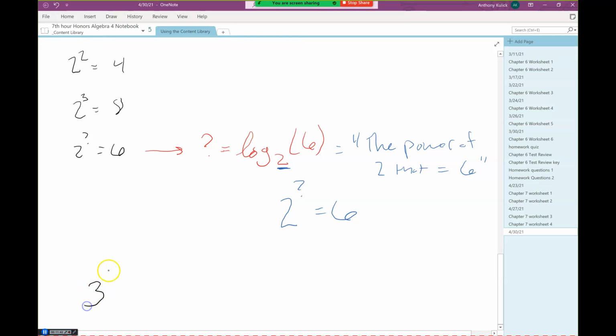So what if we wanted to know the power of 3 that gives 10? How would we write that? Log base 3 of 10. Everybody okay there?